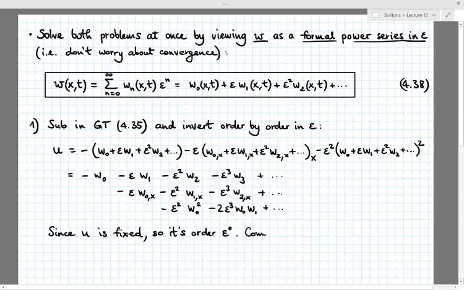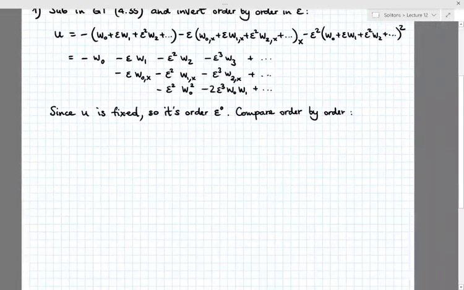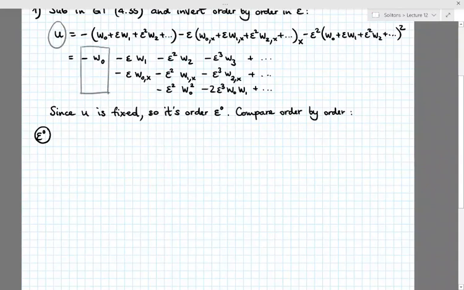And so if we compare now the left-hand side and right-hand side, order by order in this formal power series expansion in epsilon, the left-hand side only has a term of order epsilon to the 0, so we'll start there. At order epsilon to the 0, we need to compare u on the left-hand side and the first column on the right-hand side. So we find that w_0 is equal to minus u.